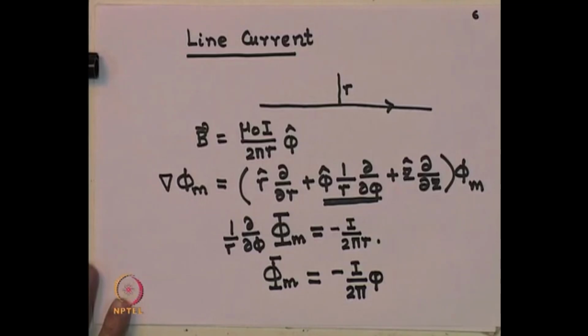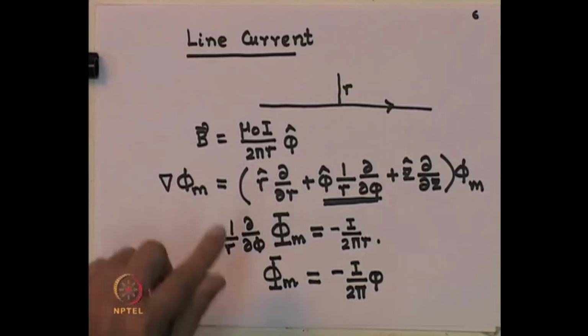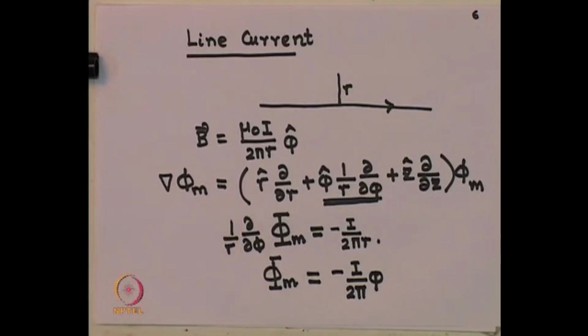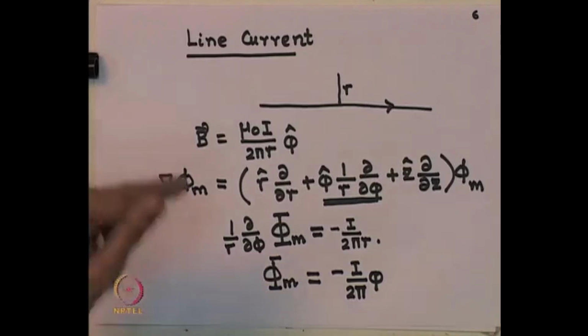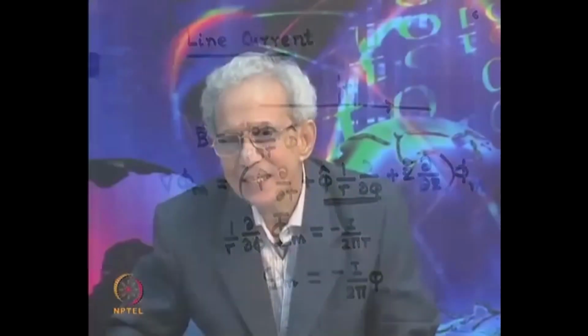Notice one thing, that this potential is not really unique, because every time you circle the origin, your angle phi increases by 2 pi. That tells us that the scalar potential does not have a unique value, there is a certain amount of liberty that we take. So, that is about the line current.